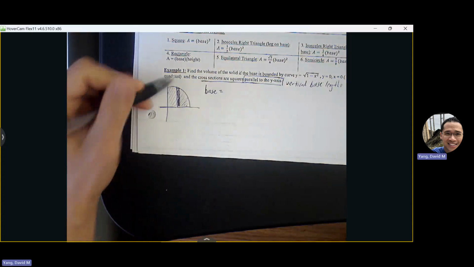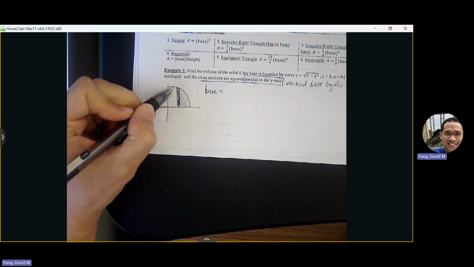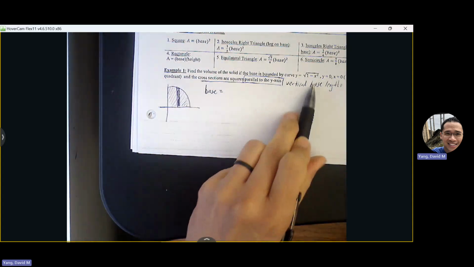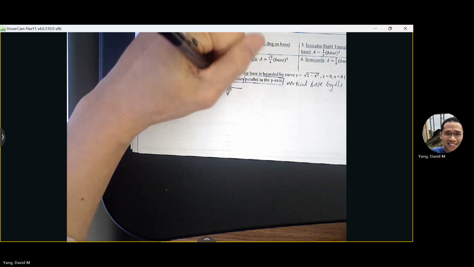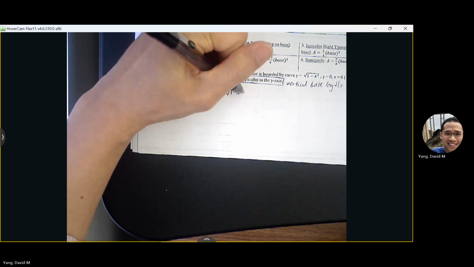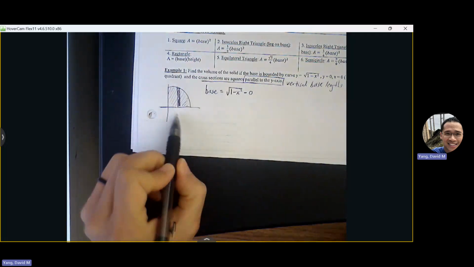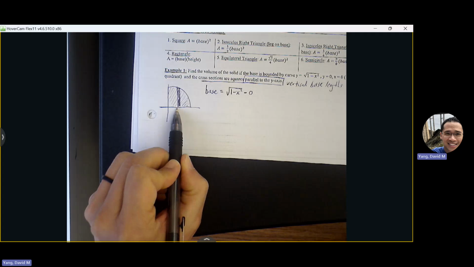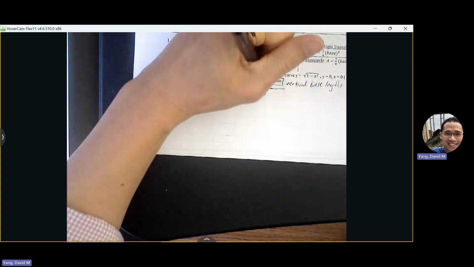So the top of the base length is sitting on the curve, and the curve is named root 1 minus x squared, minus 0, because the bottom of the base length is sitting on the y equals 0. So our base is simply root 1 minus x squared.